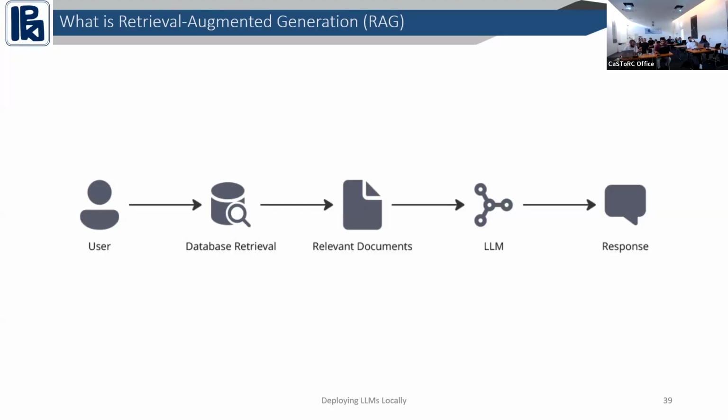So as a user, you have some documents, you put them in some database, and then your goal is to retrieve only the relevant ones and include them in the context of the LLM so that it can provide you a better response.